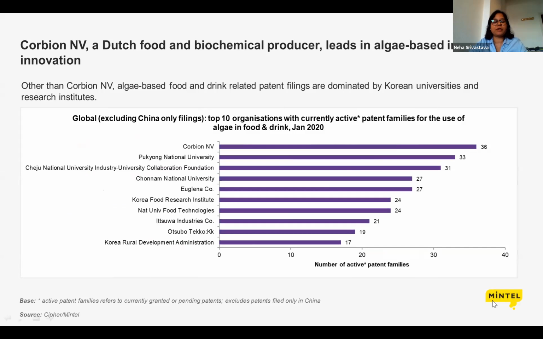But you can see that apart from these four companies, other top players are mostly universities and research institutes. So the research and development related to use of microalgae in food and drink is still in process, and maybe in the next few years we can see some big brands use these patented techniques or products in their premium brands.